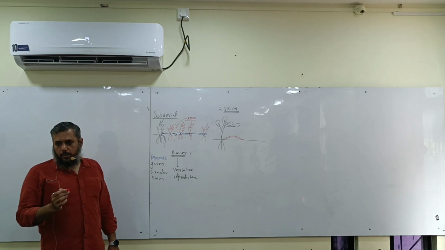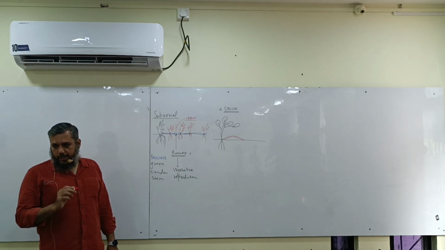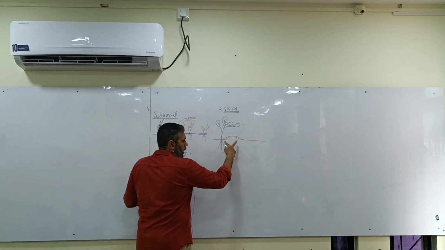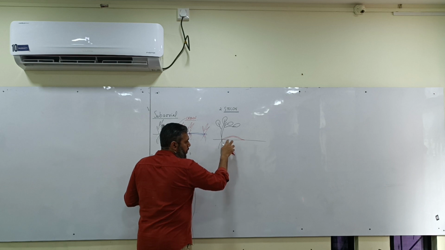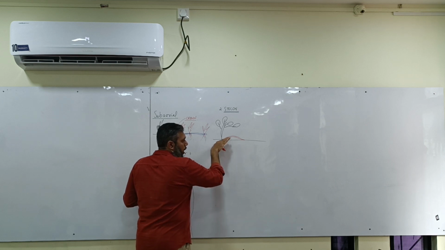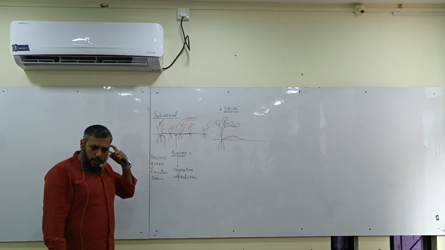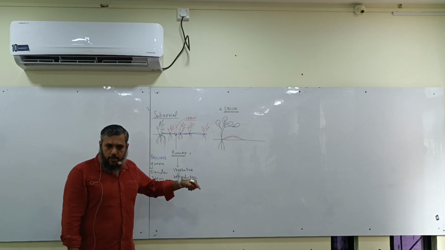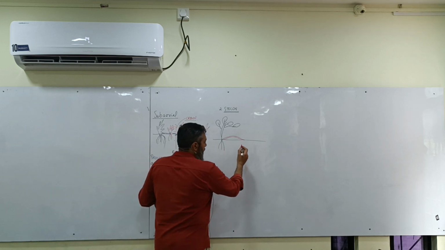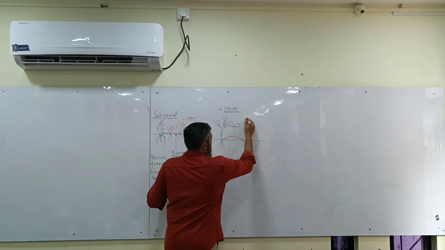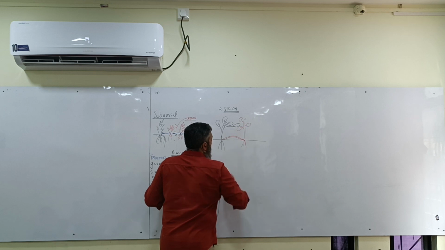ये स्टेम है, स्लेंडर है, ग्रीन है, लेकिन वो एक इंटरनोड मतलब दो नोड्स के बीच का जो डिस्टेंस है उसके लिए वो आर्च होता है। आर्च होता है मतलब वो ऊपर जाके नीचे आता है. Okay, and it goes up and comes down, and as soon as it touches the soil, once again it will result in the formation of a new root system and a new shoot system.